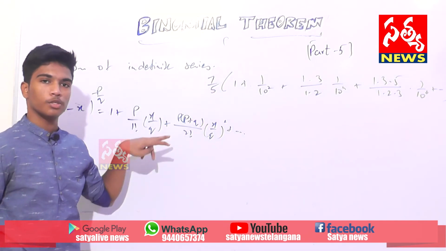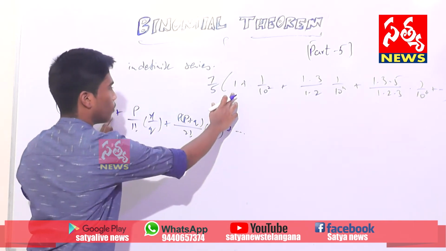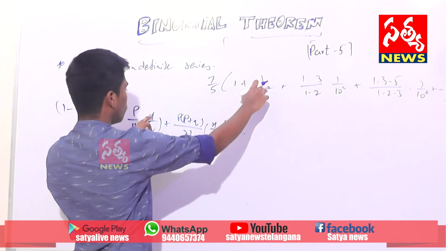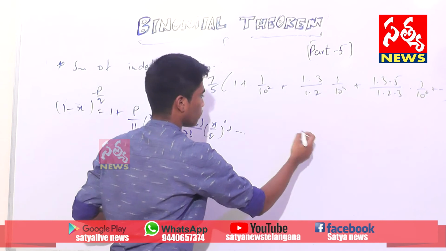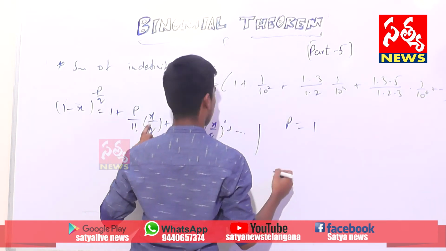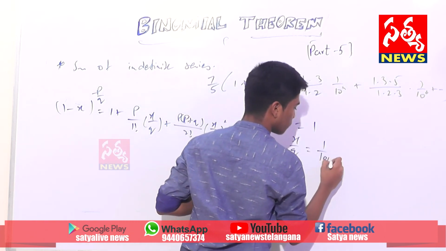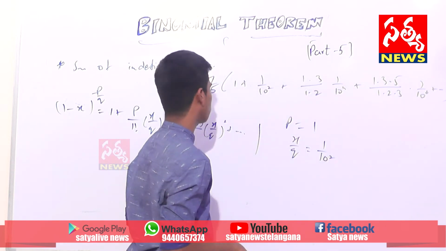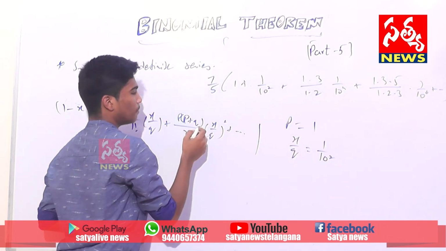Now compare these two. What is the value of p here? From here, 1 plus 1 by 1 factorial into x by q. So p is equal to 1 and the value of x by q is equal to 1 by 10 square. Now see the next one, 1 into p plus q.